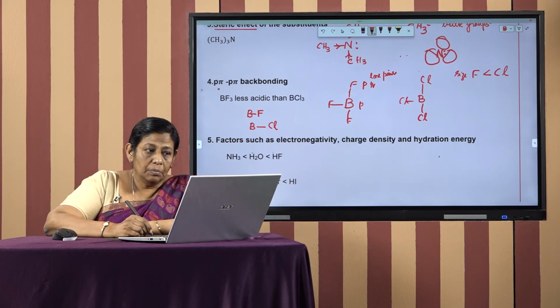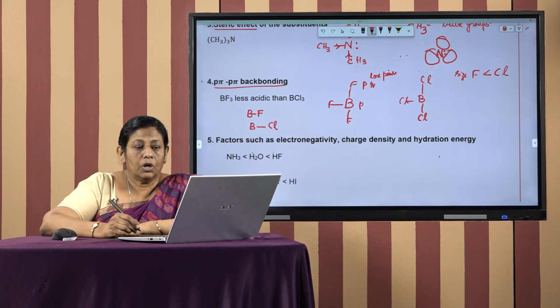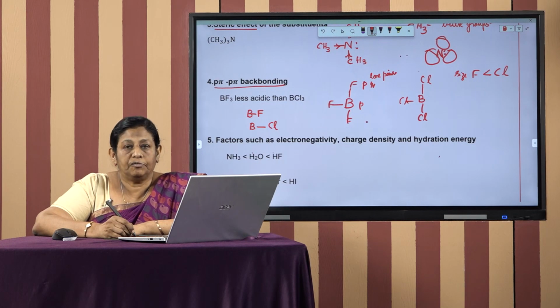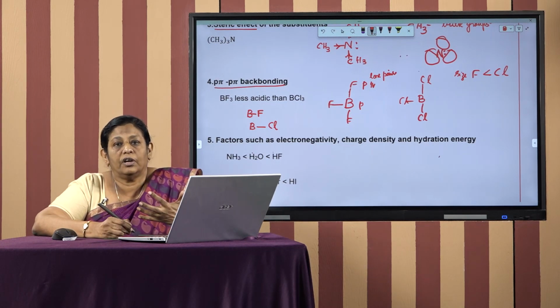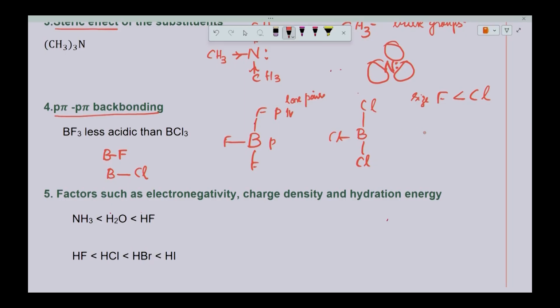Therefore BF3 does not have that electron deficiency as in BCl3 or BBr3.